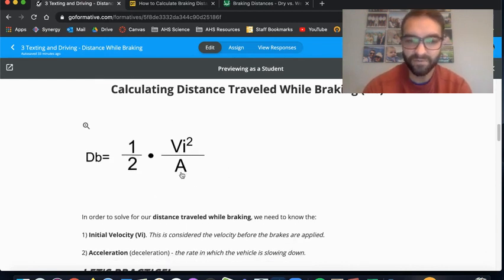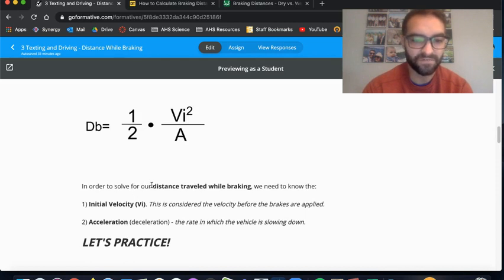Okay, a little more complicated than what we've worked on in the past, but really it's just putting it into your calculator correctly, and we just need to know two numbers. In order to solve for distance traveled while braking, we need to know the initial velocity. Again, this is the velocity before the brakes are applied.